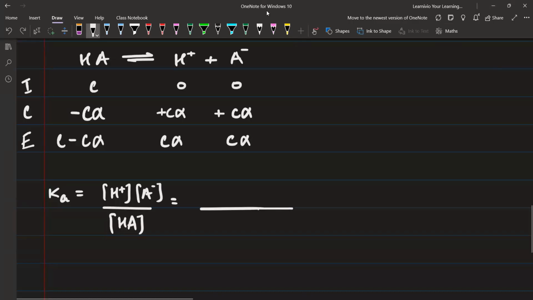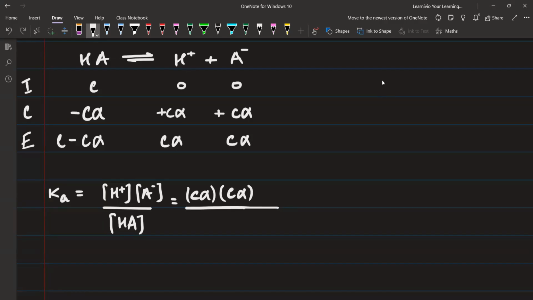That is for water. Makes sense, yes or no? Yes, sir. Right now it is C alpha. And what is the concentration of A negative, guys? C alpha. Very good.